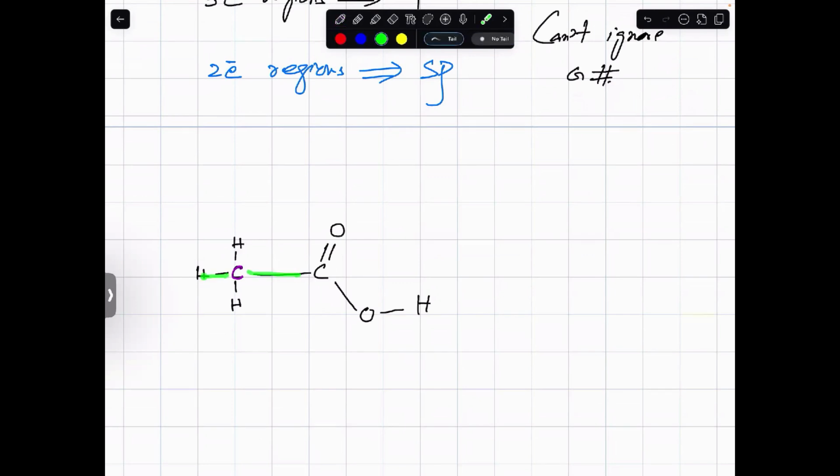So 1 region, 2 regions, 3 regions, 4 regions. There are 4 regions, so it is sp3 hybridized. Now, this is a single bond, and this single bond is a sigma bond. If you say it is sp3 hybridized, you are saying that its orbitals are sp3. So this sigma is made by sp3 head-on overlap.